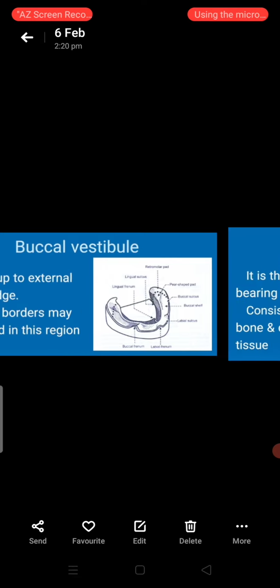Next is the buccal vestibule. The buccal vestibule area extends up to the external oblique ridge, meaning the area from the buccal frenum to the external oblique ridge is known as the buccal vestibule. In this region the denture border may be overextended.